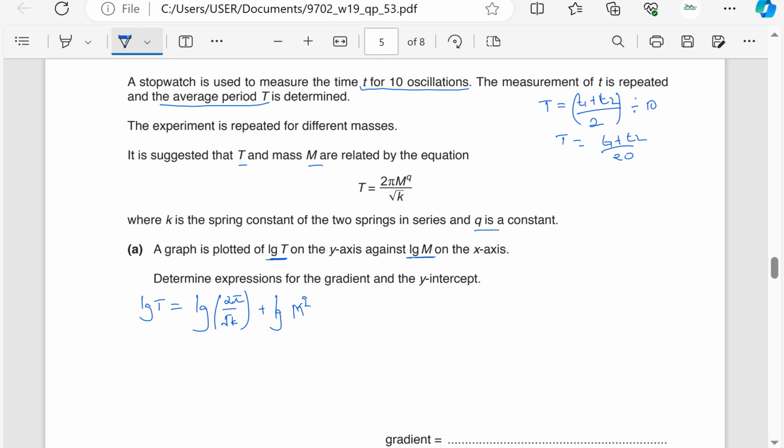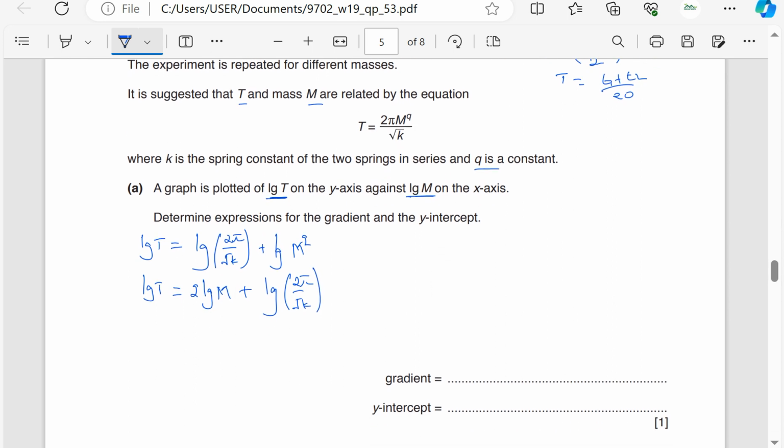So since I need log T over log M, I can take this further. So this will be log of T equaling Q log of M, plus log of 2 pi divided by the root of K.